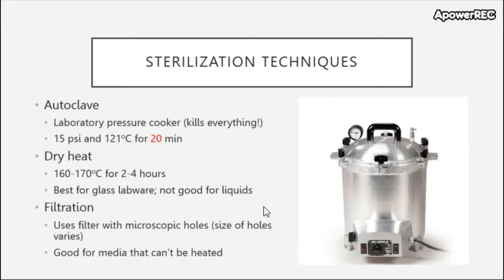And the other way that scientists do it is through filtration. So if you use a filter that has very small microscopic holes, the size of the holes do vary, but in general, if you're trying to filter out bacterium, for example, you might not filter out viruses, but bacterium reach a minimum size of about 1 micron, or 0.75 microns, and the typical filter is a 0.2 micron.